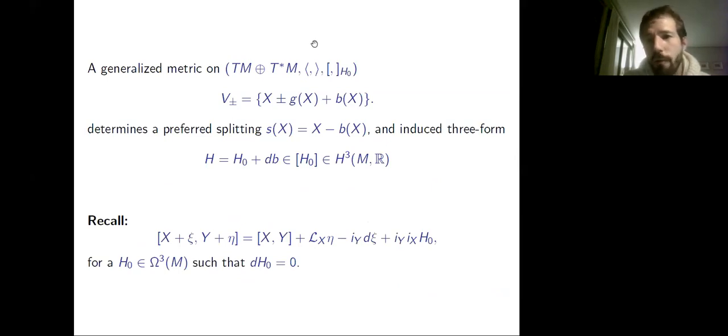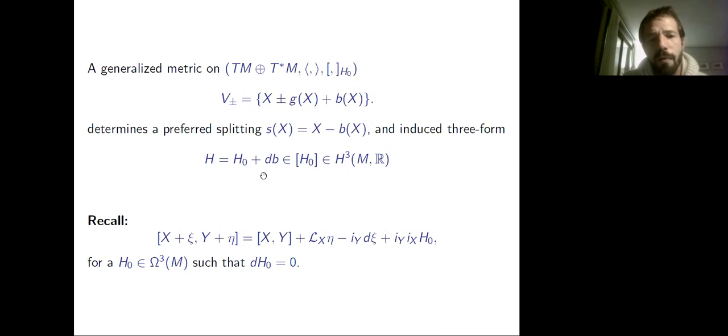One important fact about generalized metrics is that they determine a preferred splitting. This is related to this B field which appears here. In other words, a generalized metric determines a preferred way of seeing the Courant algebroid and its bracket, or if you want, a preferred representative of the cohomology class or the isomorphism class of the Courant algebroid. So if you fix one splitting, then the preferred splitting is going to be given by x minus bx, where b is the two-form which appears in this formula.